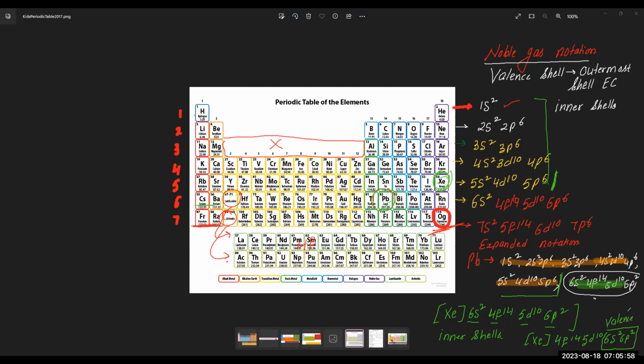Yes, Nivriti. You see that here, how many electrons are here in this? 54. You count it. This is 54. And these 54 electrons have the configuration of xenon. Is it okay? Arjun, are you asking any question?